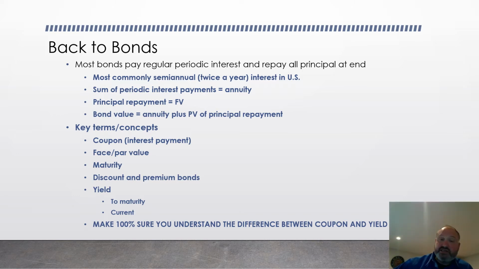Similarly, premium bonds, if they've gone up in price because interest rates went down, okay, you're still getting the same coupons, but then you're going to lose that premium amount. If a bond is trading at, say, 102% of par, you're only going to get back 100% of par at the end. You're going to lose those 2 points, and that will cut into your yield a little bit that's generated from your coupons, okay?